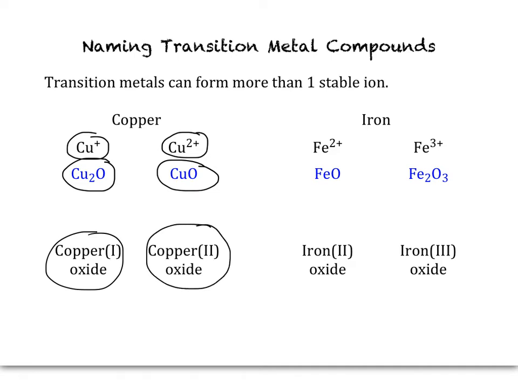Iron can form Fe2+ or Fe3+ ions, so can again form 2 different iron oxides, FeO and Fe2O3. FeO is made up of Fe2+ ions, so is named iron 2 oxide. Fe2O3 is made up of iron 3 ions, so is iron 3 oxide.